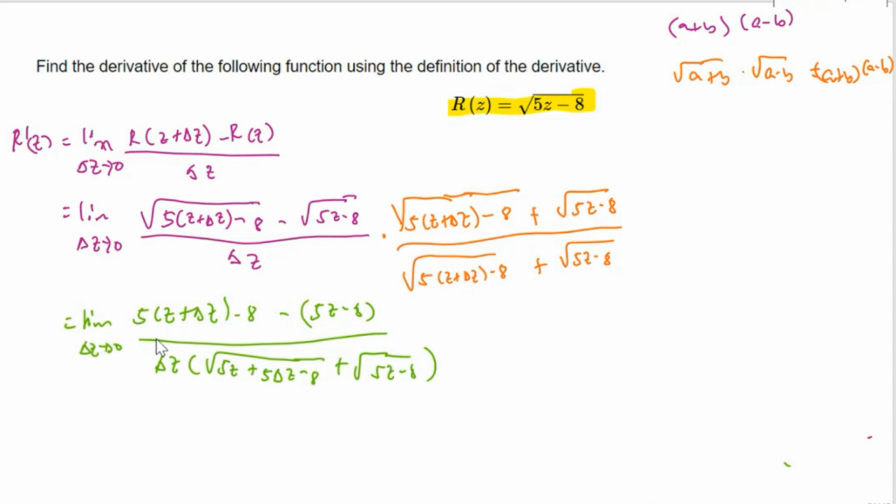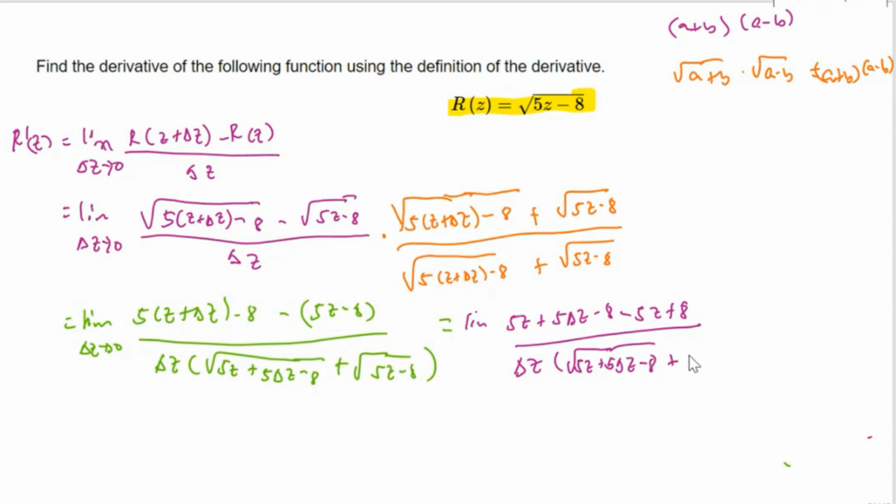Simplifying the numerator, I can write here on the right hand side: the limit of 5z plus 5 delta z minus 8, and using the distributive property in the second term, we have negative 5z plus 8, all over, copy only the denominator, delta z times the square root of 5z plus 5 delta z minus 8 plus the square root of 5z minus 8.